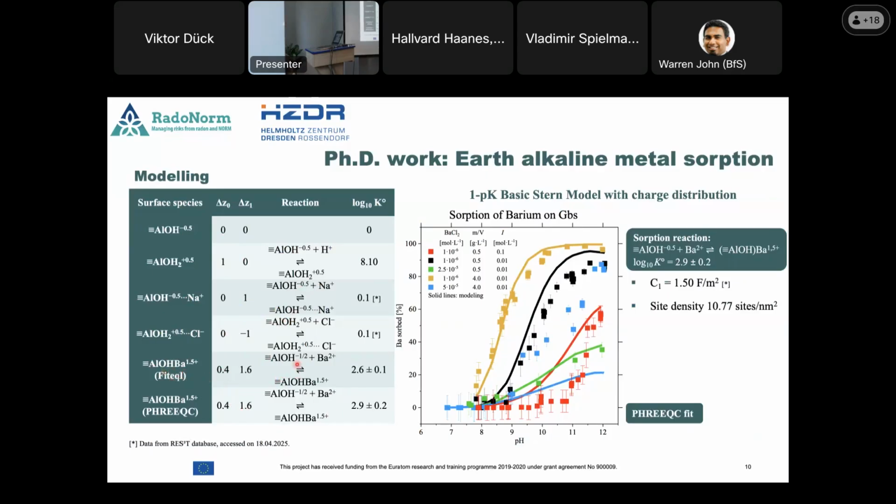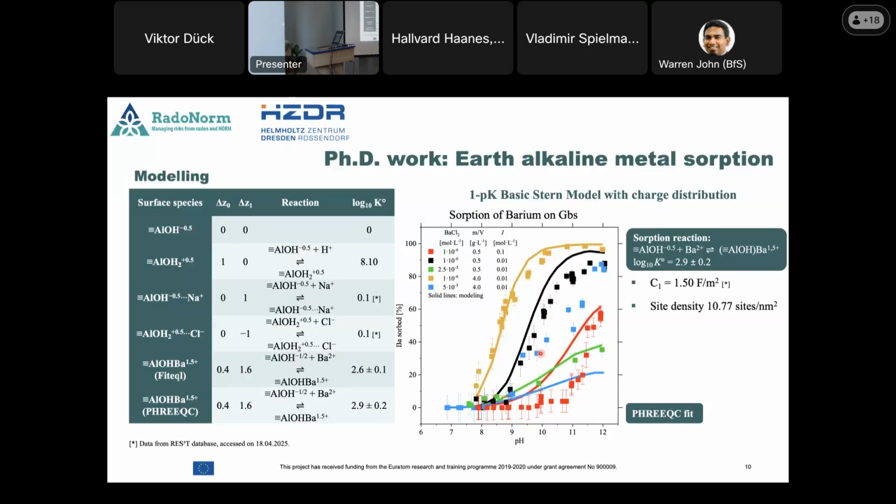We have a fitting with FITEQL and with PEST-ORCHESTRA, and the log K values are very similar here. What you see here is the fit, and you see most curves are very close to the points. The only curve is the blue one here, which is far away from the points. So this needs to be improved.